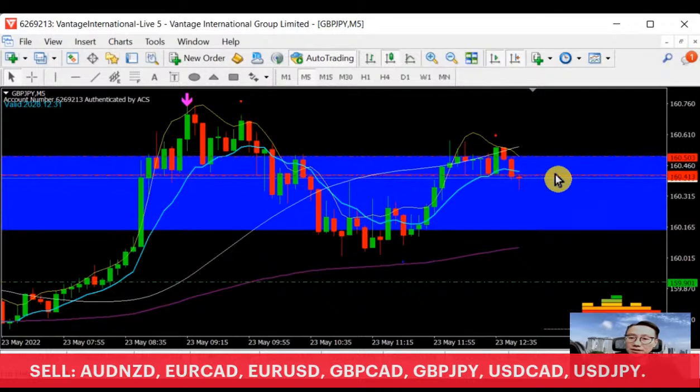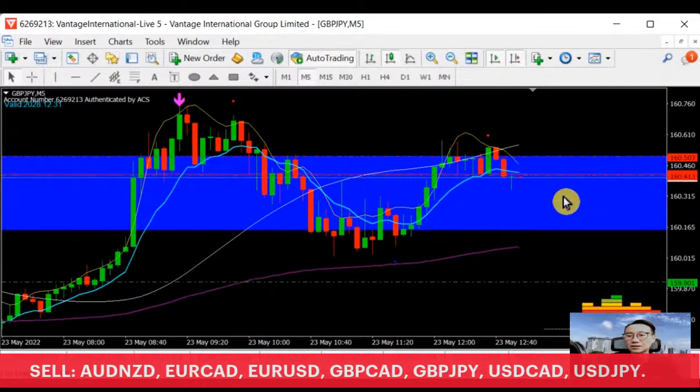Let it test the previous support before we start selling. Like this, good engulfing.